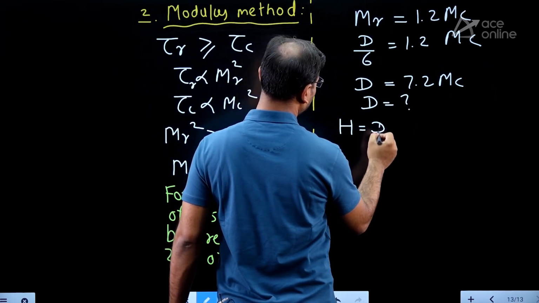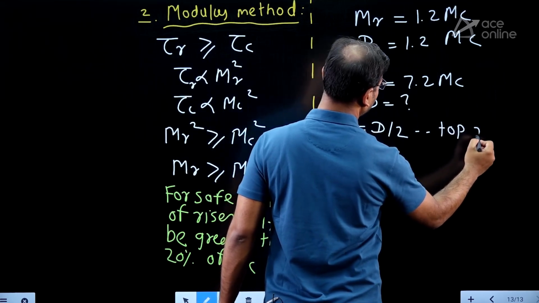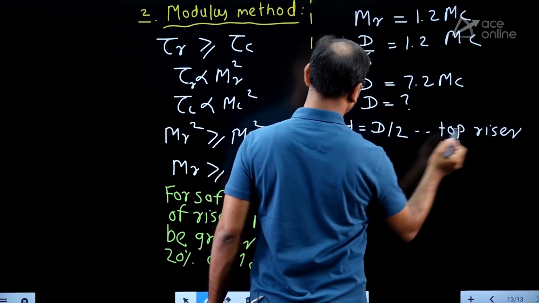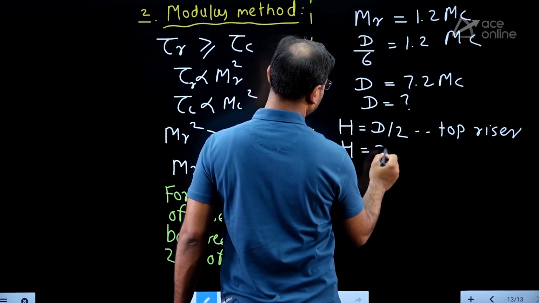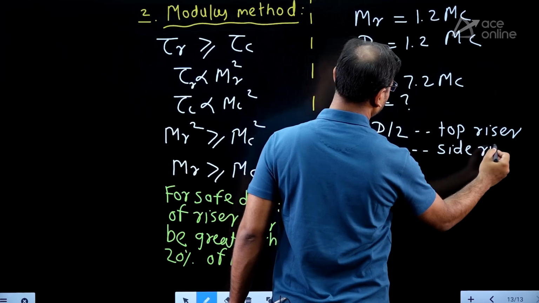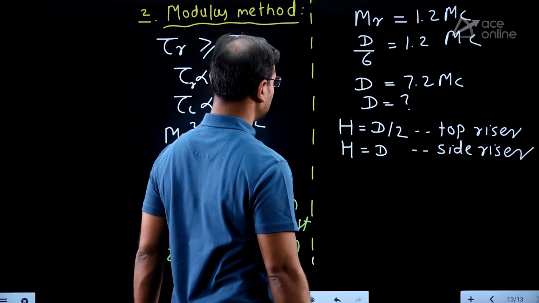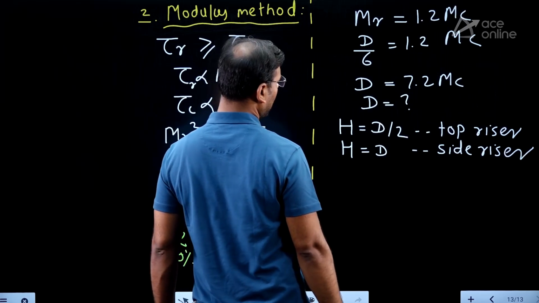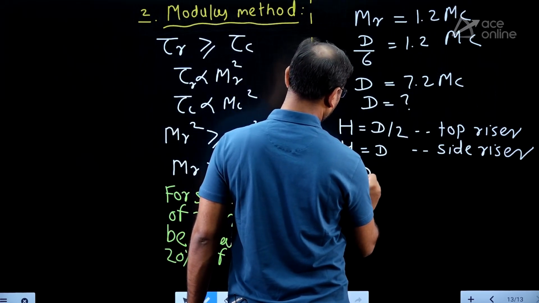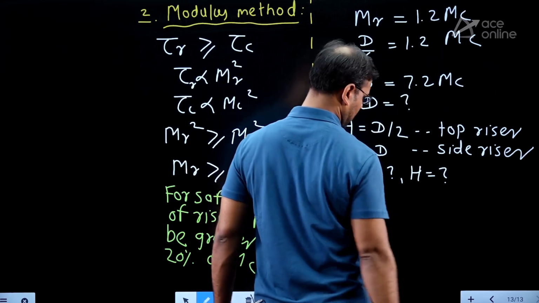H is equal to D by 2 for top riser and H is equal to D for side riser. Therefore here we can get the answer of D and of H.